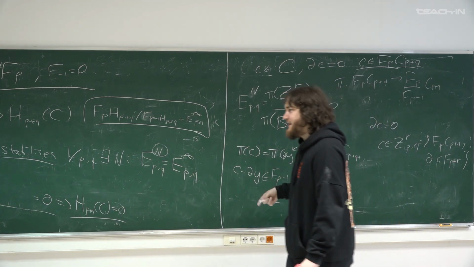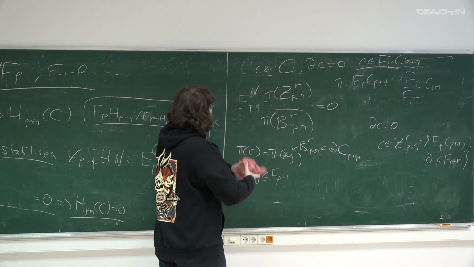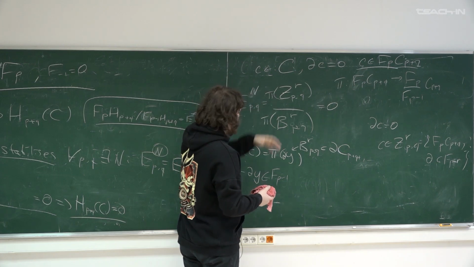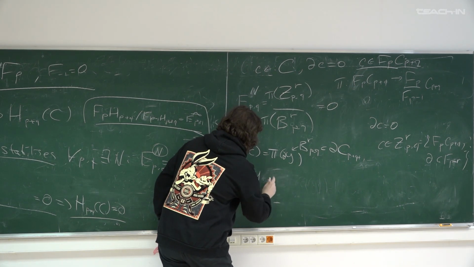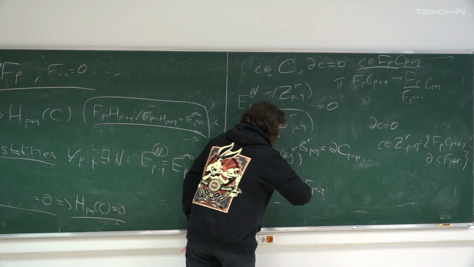And now I again do the same thing, because this is now a cycle from the previous filtration, and now from p minus 1 and some q, I obtain another large n such that it's 0, and obtain another element, modulo which I obtain an element of the previous filtration, and so on.